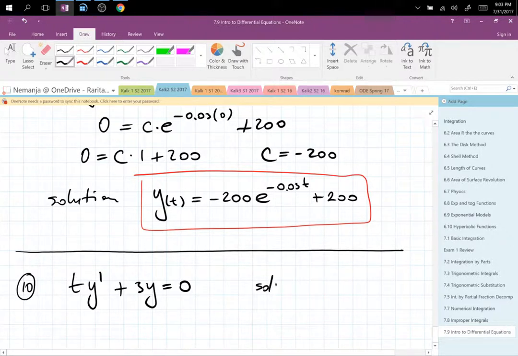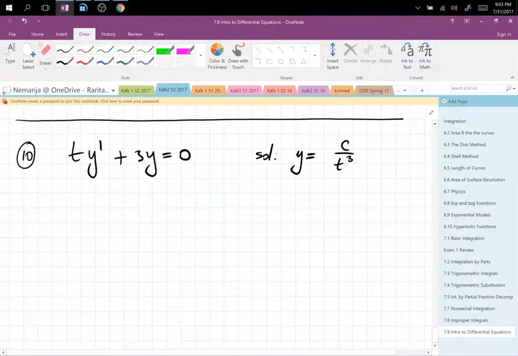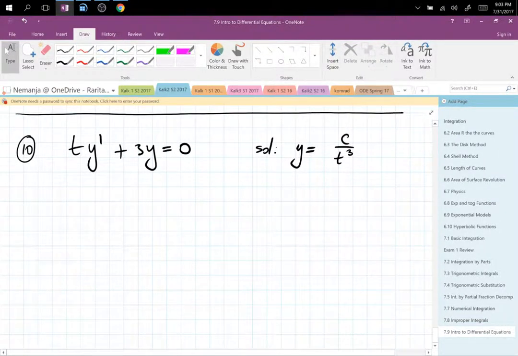And the solution given is y equals ct to the minus 3, here, c over t cubed. Check if this solution is correct. And we'll do one more annoying than this when you're done with this.